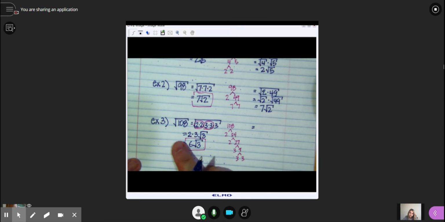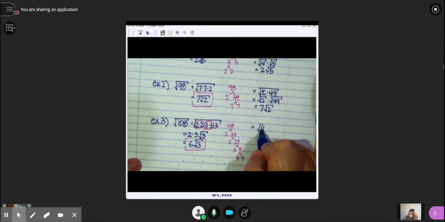If we're going to use perfect squares, I would say probably I would do a 4 first. This would be 4 times 27, which is the square root of 4 times the square root of 27, or 2 times the square root of 27.